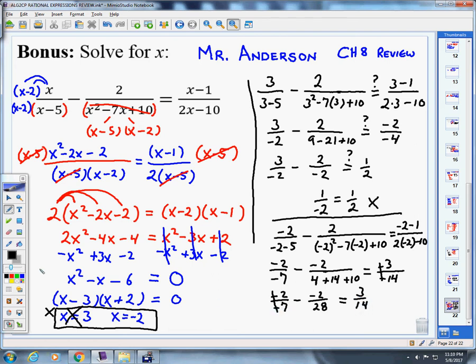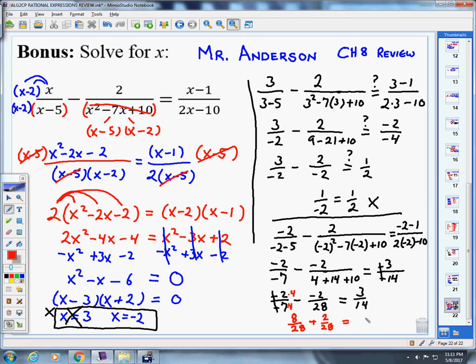All right, so I want to multiply top and bottom by 4. And I've got 8 over 28 minus a negative 2. So that would be, minus negative is plus 2 over 28.